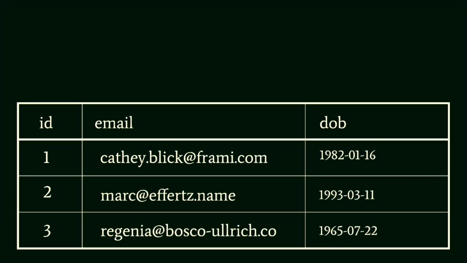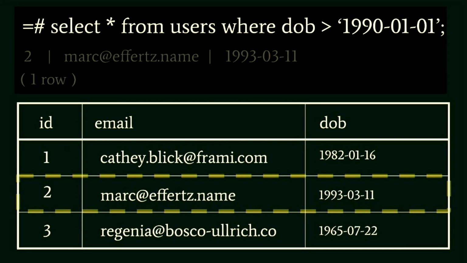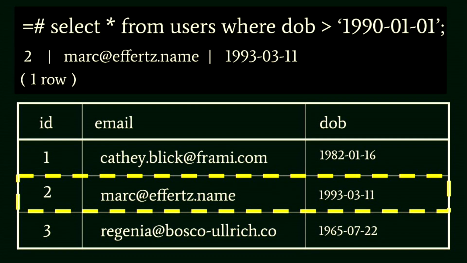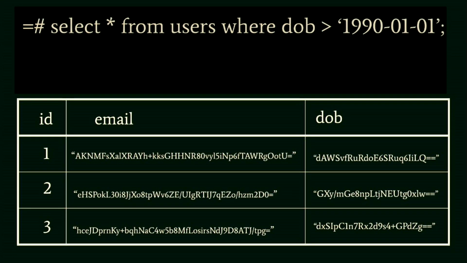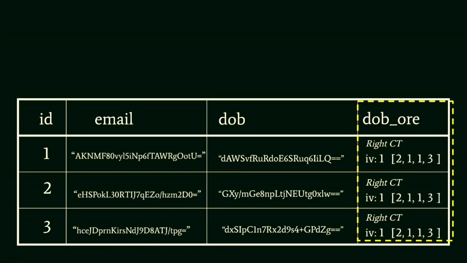So if you look at our users table from the beginning, with our email and date of birth, we were able to do our select statement when it was unencrypted, and then we encrypted it and couldn't get any records returned. So the way this would look with ORE is we could add another column, our ORE column, with our encrypted right ciphertexts.